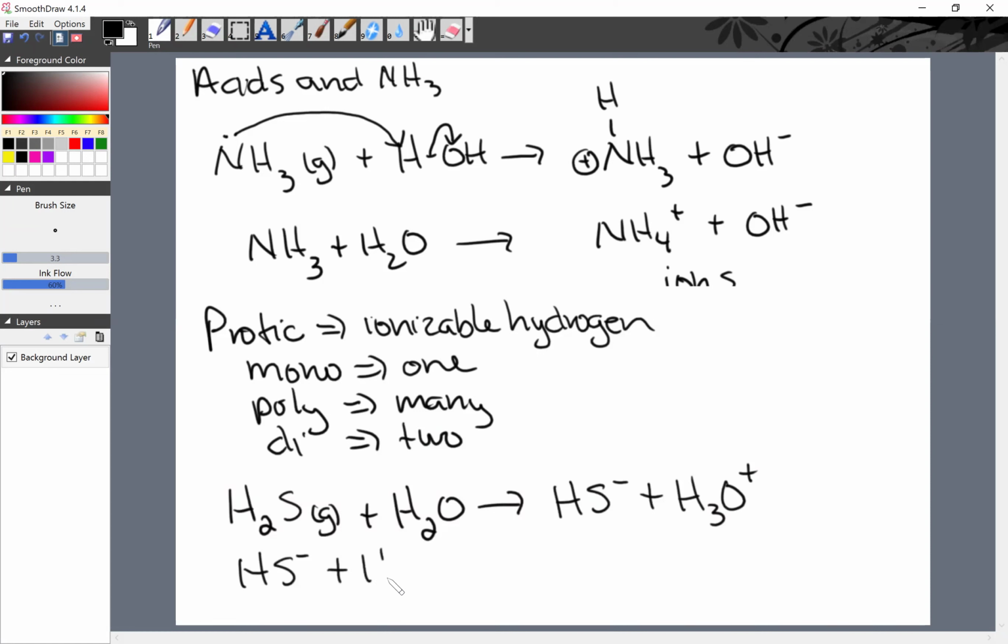That will react with another water to make S2-. Just because it has more than one is fine, but you still just take one off at a time. All right, so that's the difference between dissociation and ionization.